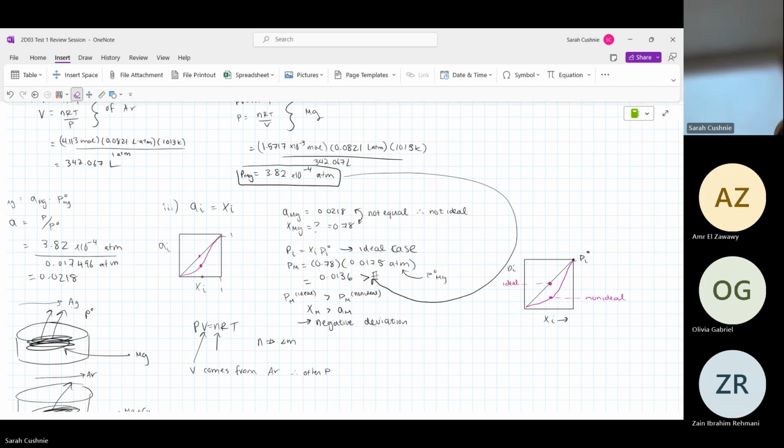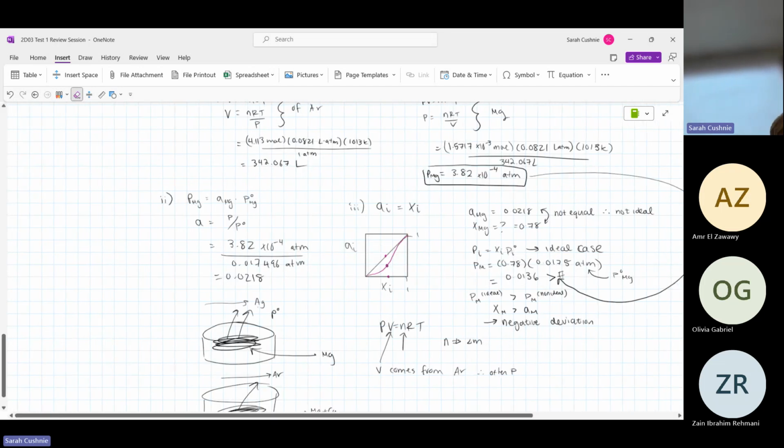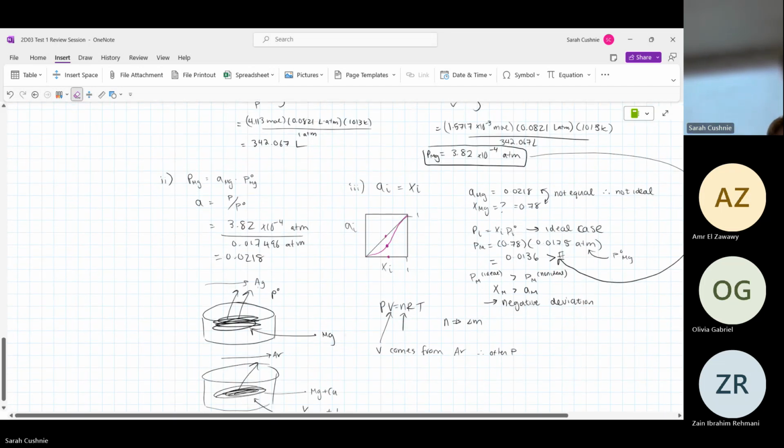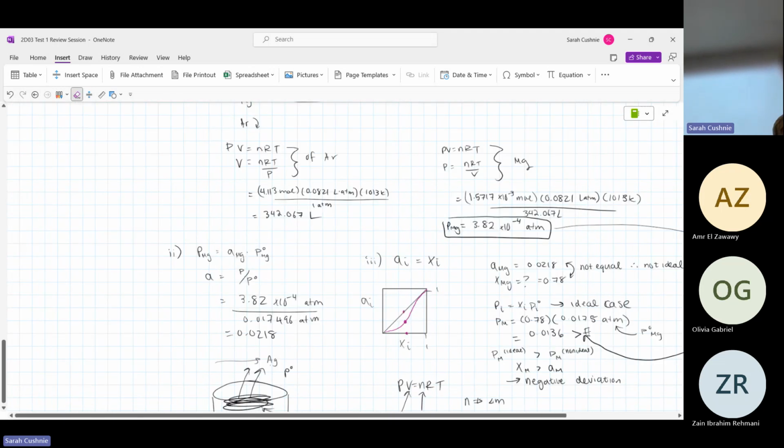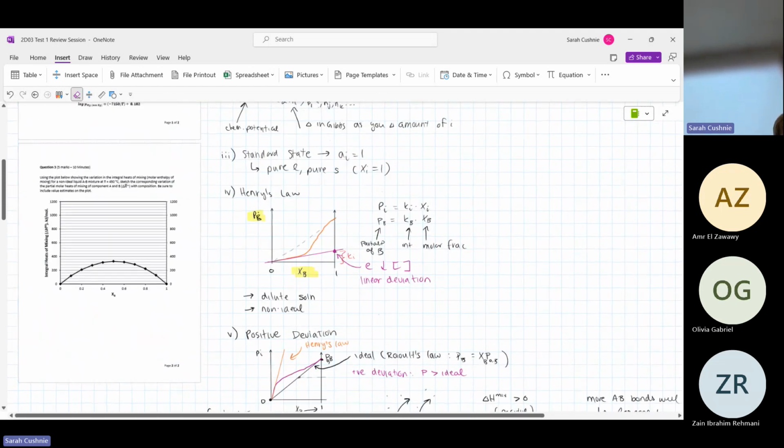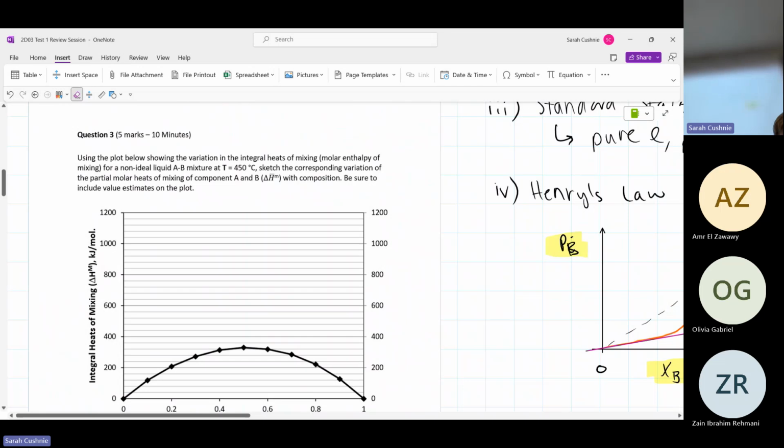That's good. P equals nRT. Okay, are we good to move on? That was a doozy. The next one was actually terrifying to look at, but really isn't that bad.